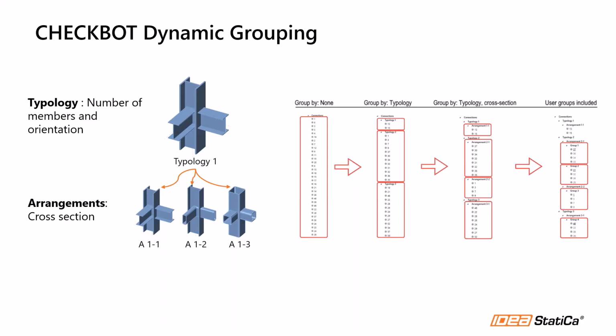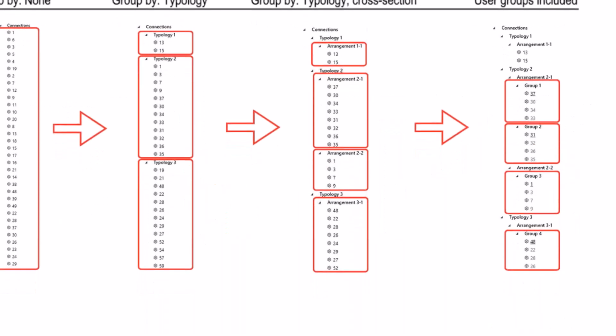You can see in this example, in this last column, that we have typology number 2, then we have arrangements, and from these arrangements we have the third level called group 1 and group 2. So the user will decide which joints will be in each group.